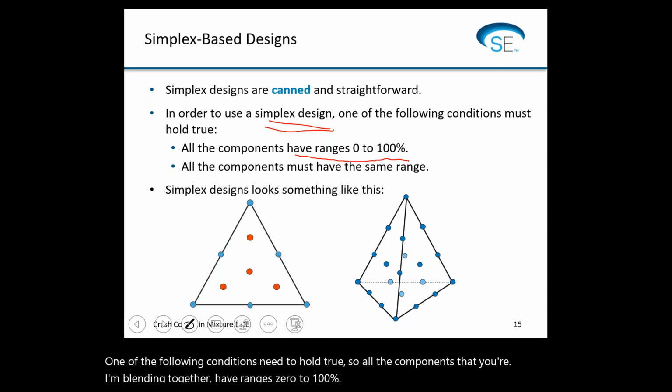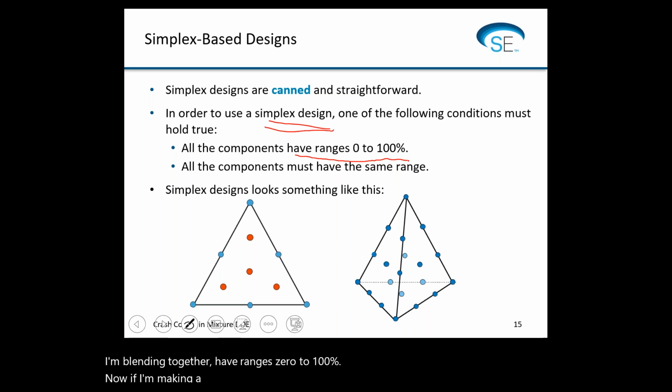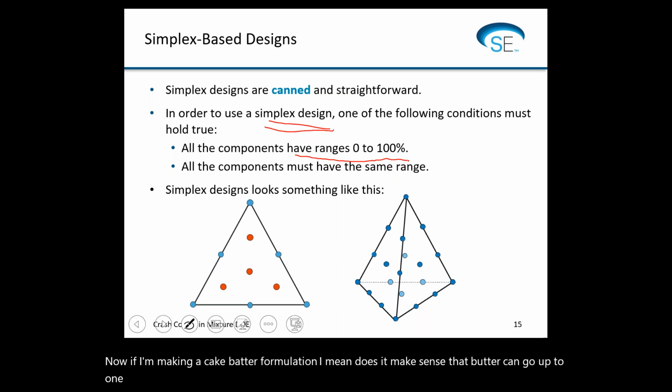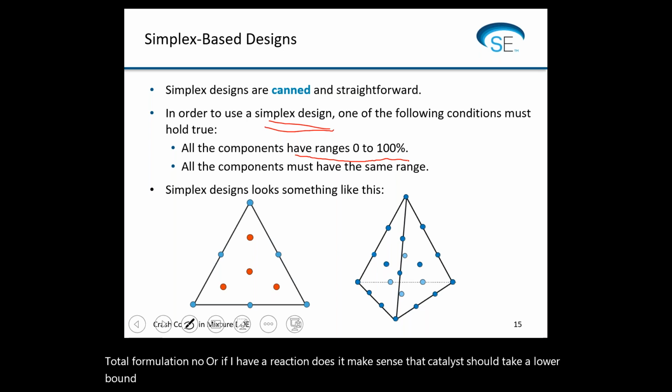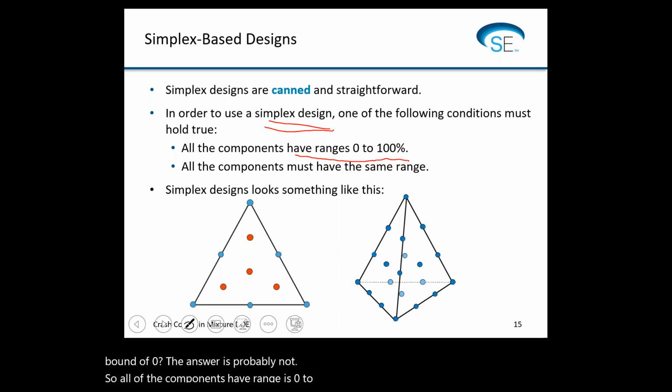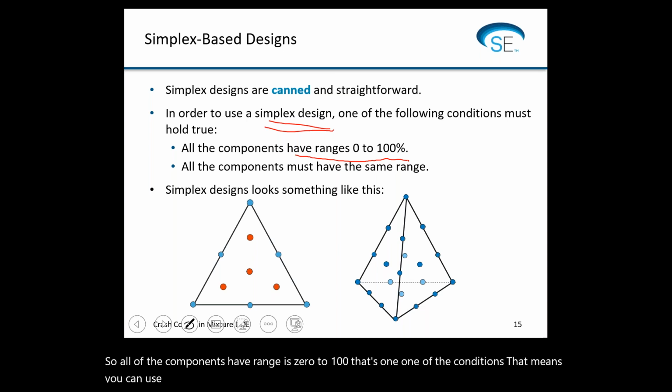Now, if I'm making a cake batter formulation, I mean, does it make sense that butter can go up to 100% of the total formulation? No. Or, if I have a reaction, does it make sense that catalyst should take a lower bound of 0? The answer is probably not. So all of the components have ranges 0 to 100%. That's one of the conditions that means you can use a simplex lattice design.